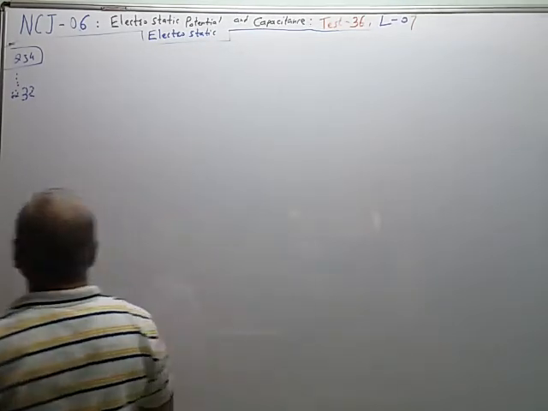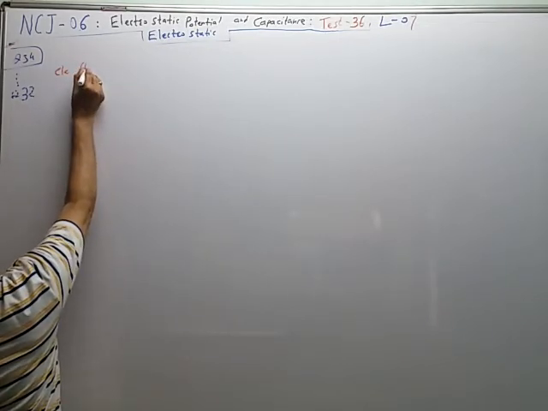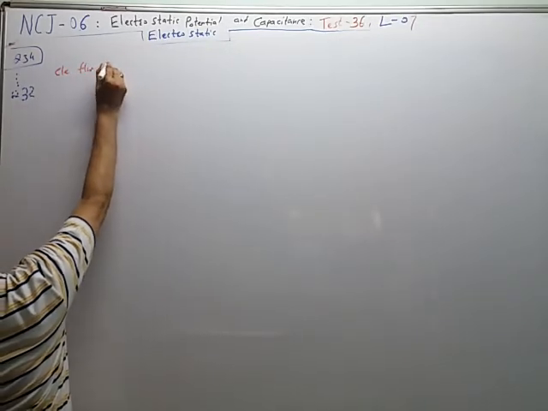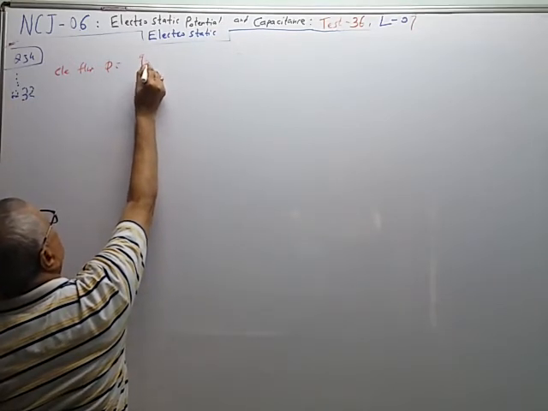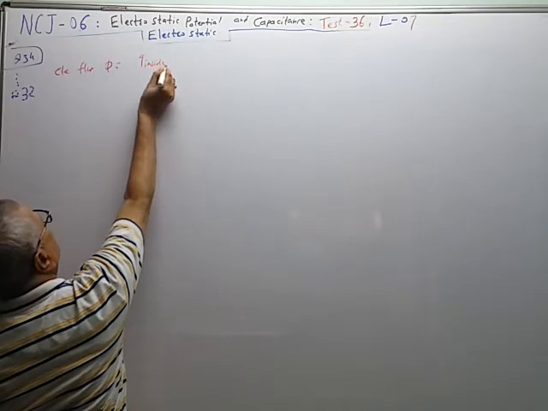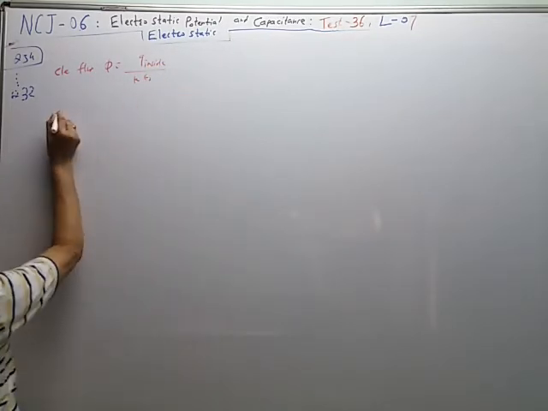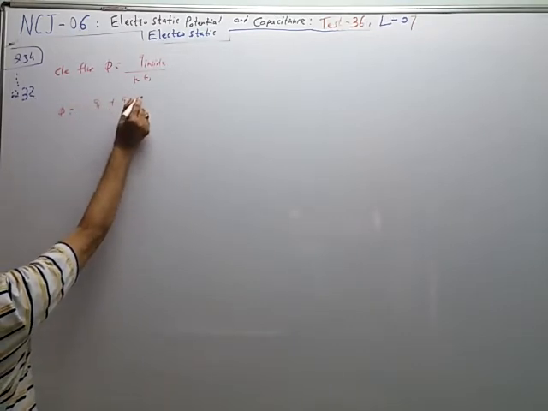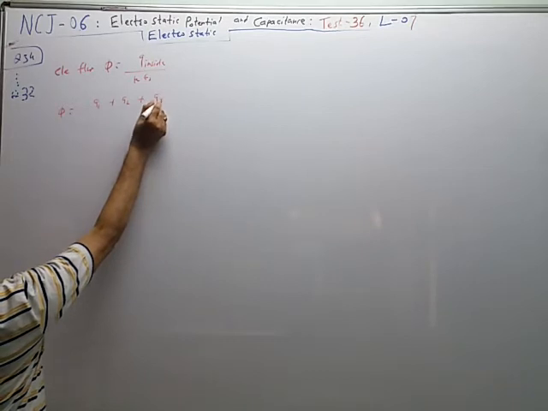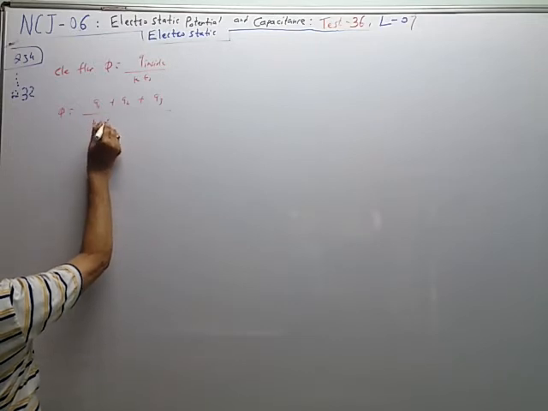So phi is equal to the electric flux, phi is equal to Q inside upon K epsilon naught. So phi is equal to Q1 plus Q2 plus Q3 upon K epsilon naught.